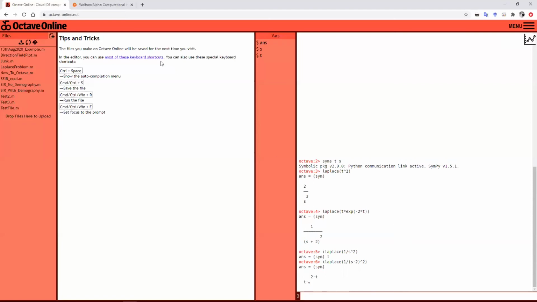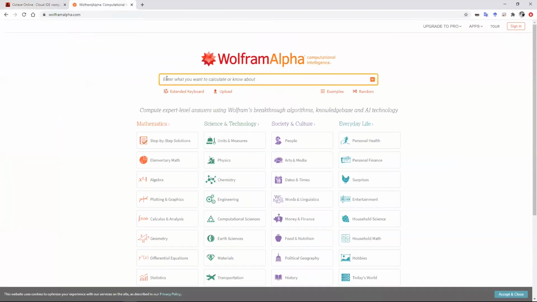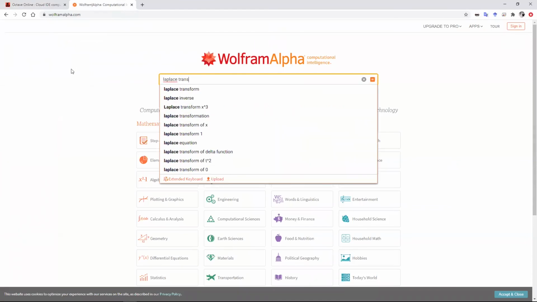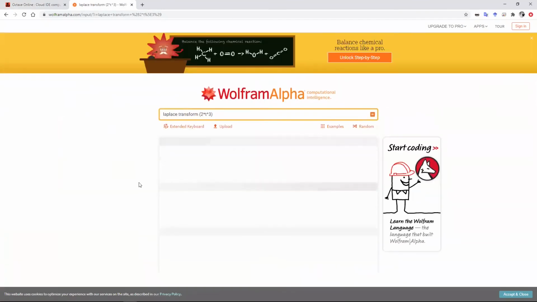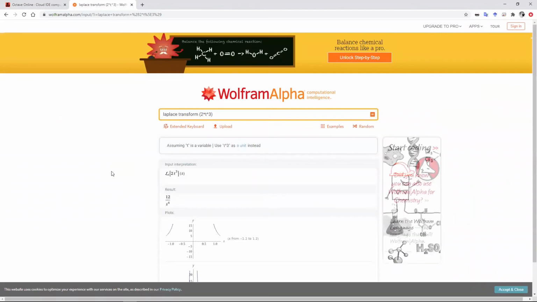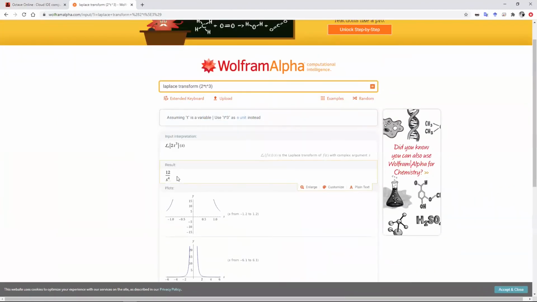I also just wanted to point out that Wolfram Alpha can do the same thing. So let's look at the Laplace transform of 2 times t cubed and see if it can calculate that. So it gives us 12 over s to the power of 4. So that looks correct. And let's just check the inverse Laplace transform of, well, let's go 1 divided by s minus 2 squared again.